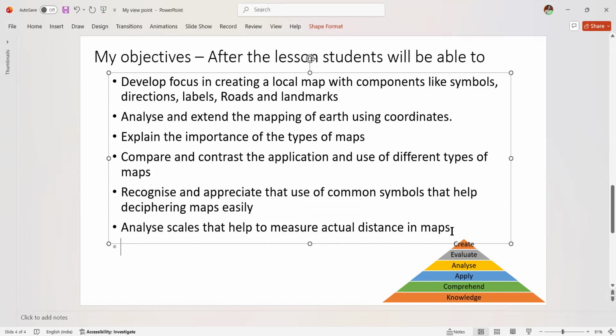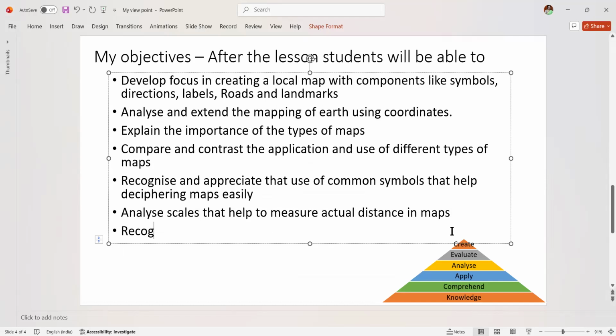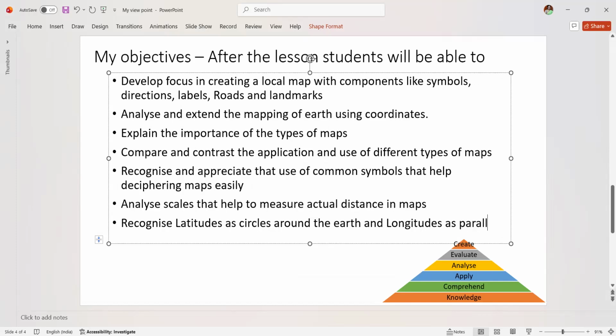So for the grid system, they will first have to know the importance of latitudes and longitudes. Again here I am using the word recognize: recognize latitudes as circles around the earth and longitudes as parallels.